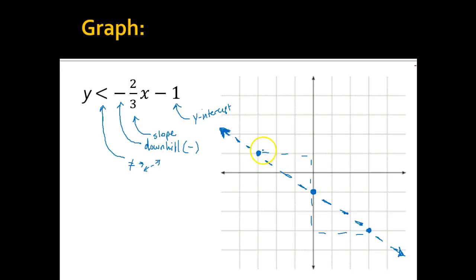And then we're going to shade in the underneath. Y is less than, so we're going to shade underneath. And I'll use a highlighter here. Of course, it just depends on what tools you have to use, but I'll just shade in with some highlighter lines here. So we're shading in the less than side of that line.